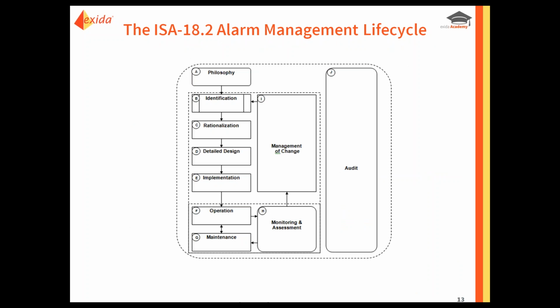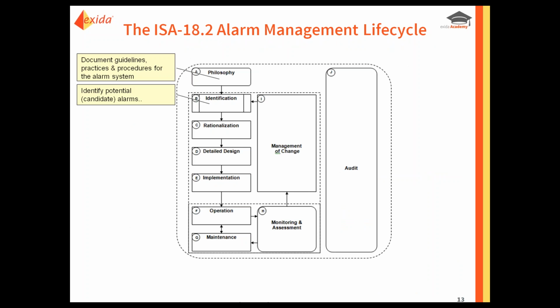But first, let's look at the alarm management lifecycle overall. It starts with the alarm philosophy, which is a document that defines your guidelines and processes for doing alarm management. So it might be some guidelines related to basic alarm design. What are the recommended values to use for deadbands and on-off delays, for example?